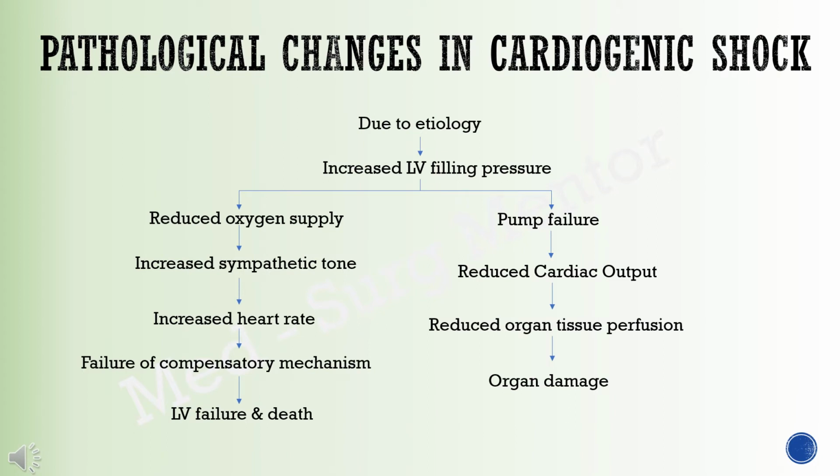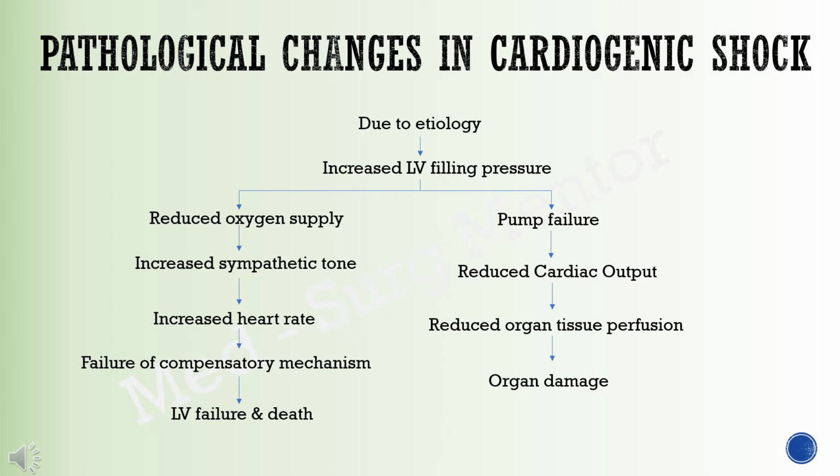Pathological changes in cardiogenic shock. Due to etiological factors, the left ventricular filling pressure is increased. It results in pump failure and reduced cardiac output. As a result of this, the organ perfusion is diminished, leading to organ damage at the final stage.